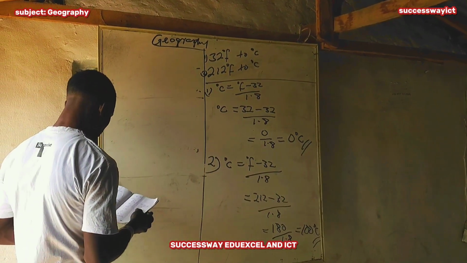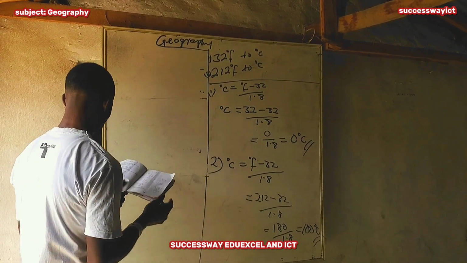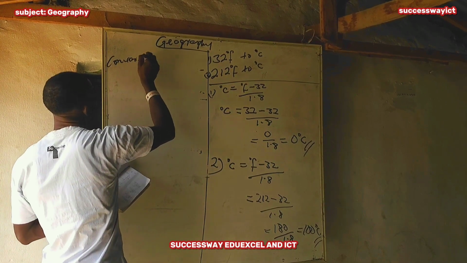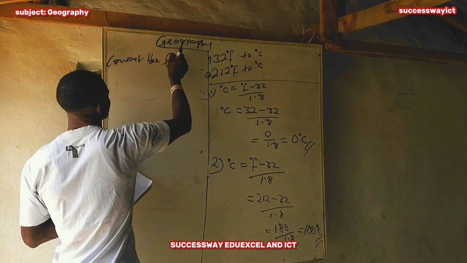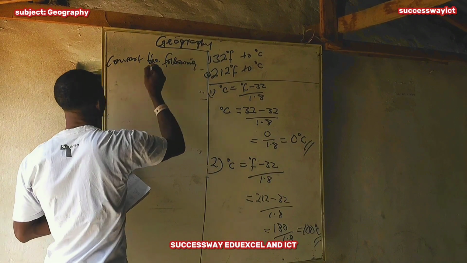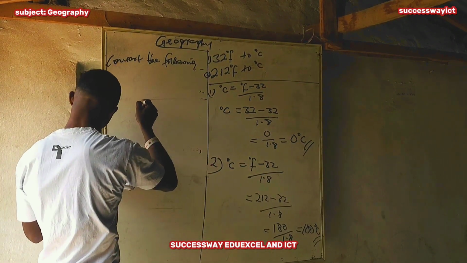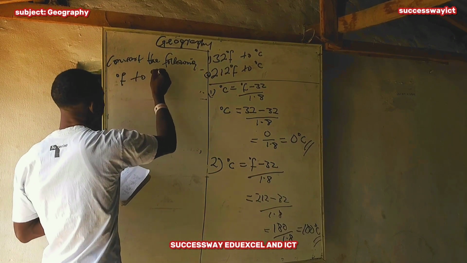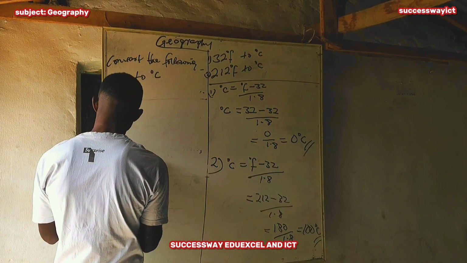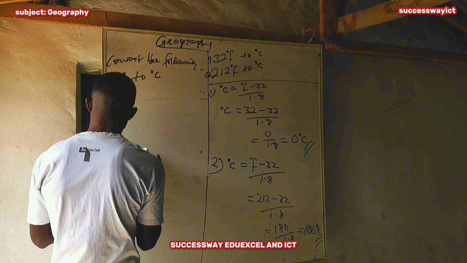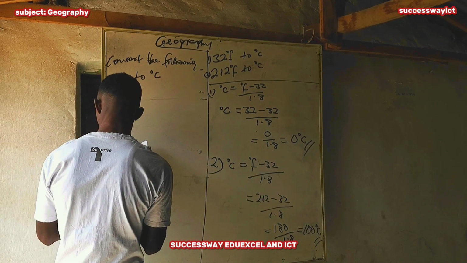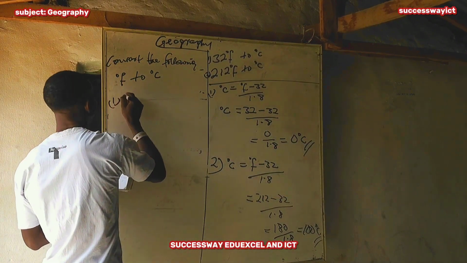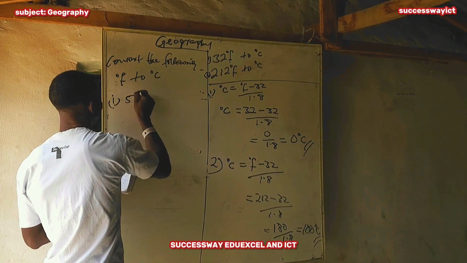You do this for me quickly. Convert the following degree Fahrenheit to degree centigrade. Number 1, we have 50 degree Fahrenheit.